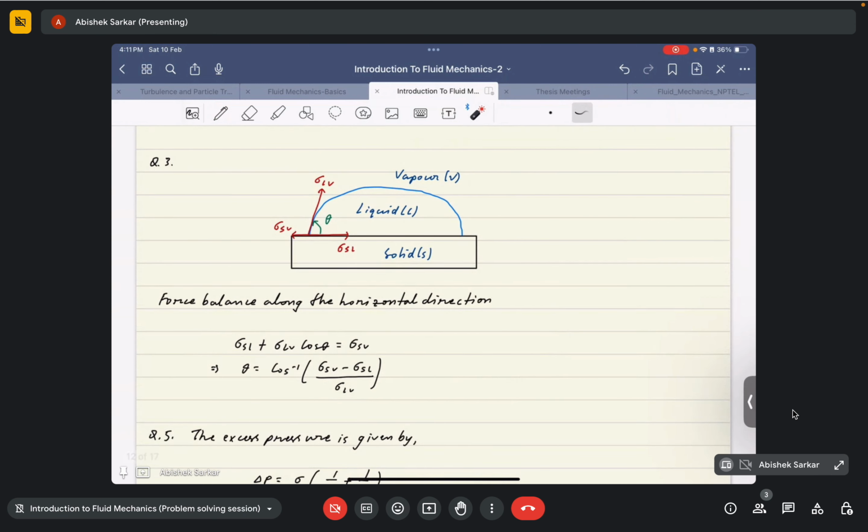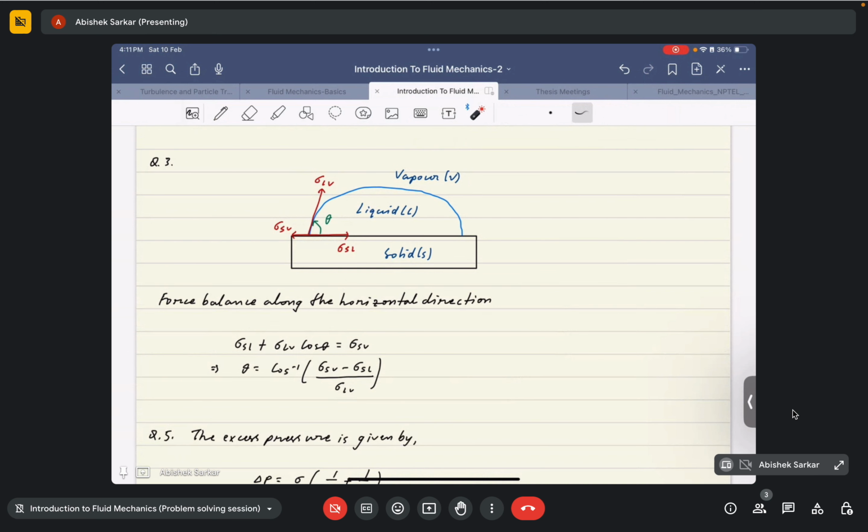Yes, sir. It's just a force balance along the horizontal direction. Sigma SL is the force towards this direction because of the interaction between the liquid and the solid. Sigma SV is the force along the negative x-axis direction, because of the interaction between the solid and the vapor interface.